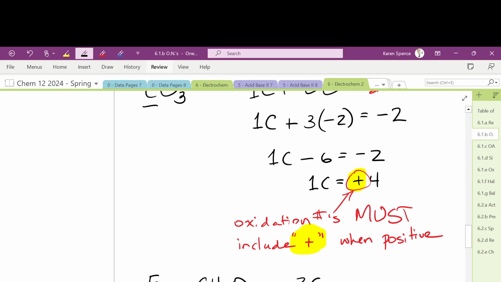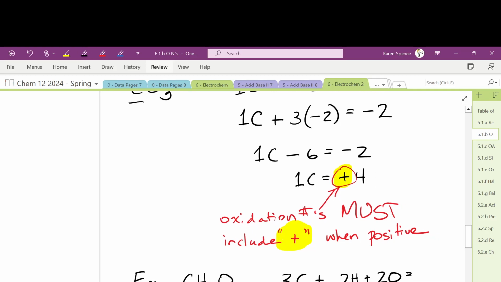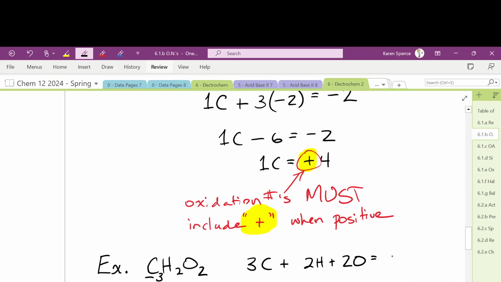So we have 3 carbon plus 2 hydrogen plus 2 oxygen equals 0. And I like to put a line through my 0 so it doesn't look like an oxygen. Okay, and sometimes I even like to leave a big space in between my 2 and my oxygen so that it doesn't look like a 22 oxygen. Okay, but it just depends on how hard of a time you have keeping track.